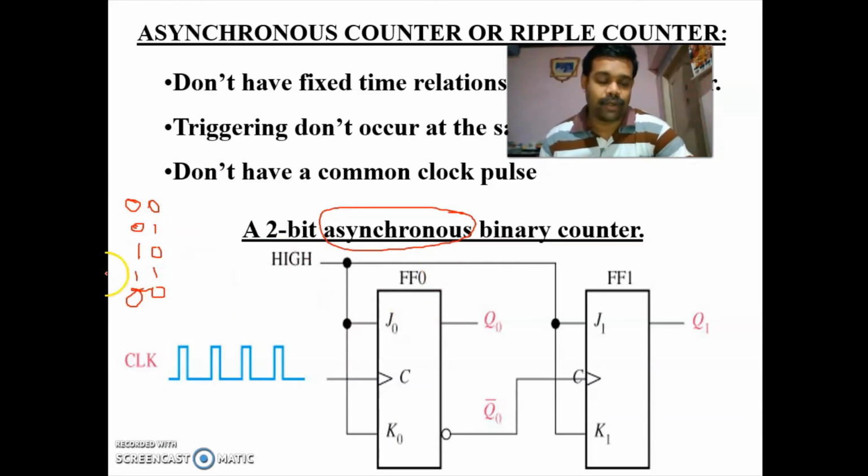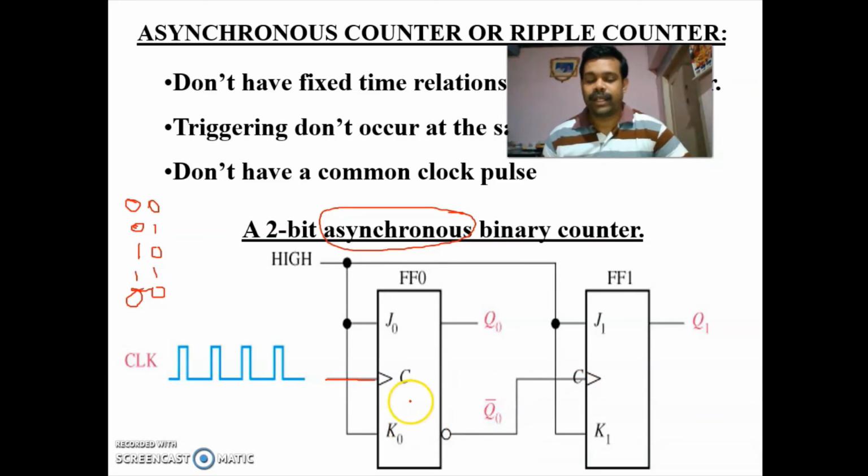So this is a 2-bit asynchronous binary counter. The term asynchronous means you are not giving the clock to all the flip-flops at the same time. You are giving the clock directly to the first flip-flop, and for the second one you are taking the complement output of the previous stage to the next stage.